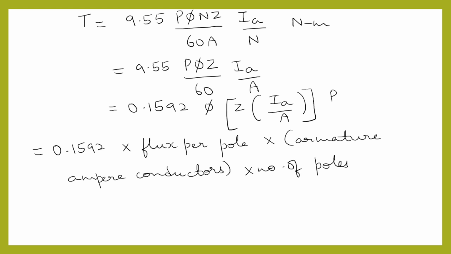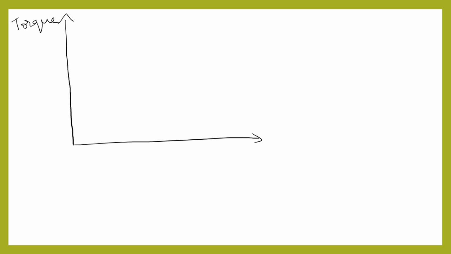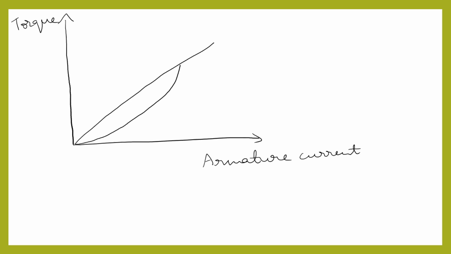The shape of the torque armature current curve is shown in the next slide. It is drawn for both shunt motor as well as series motor.